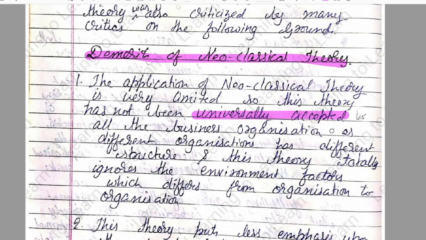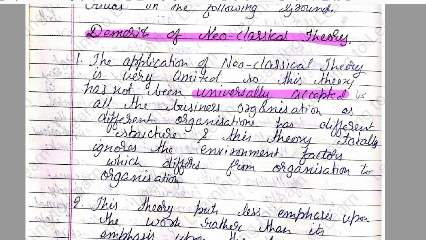So it is not universally acceptable or universally applicable. It is limited to only certain structure, certain group, or certain environment. All business organizations have different structures, and this theory totally ignores environmental factors which differ from organization to organization. So yes, a crucial part of any organization is being ignored here.